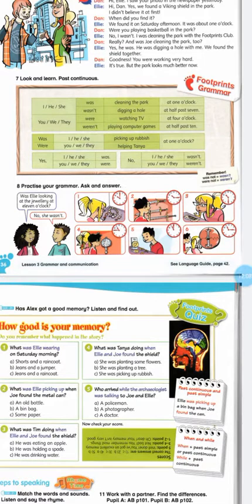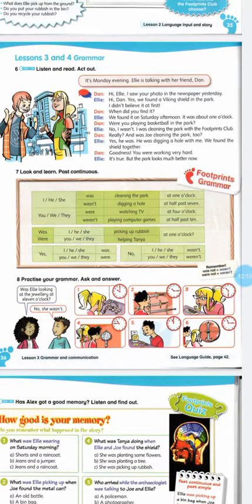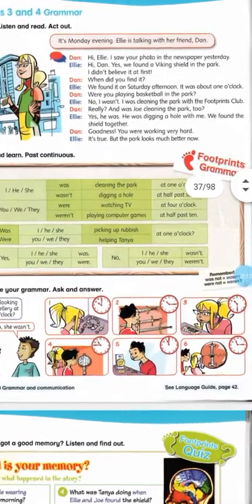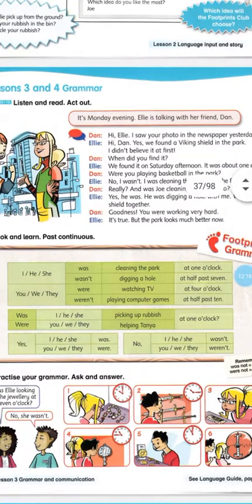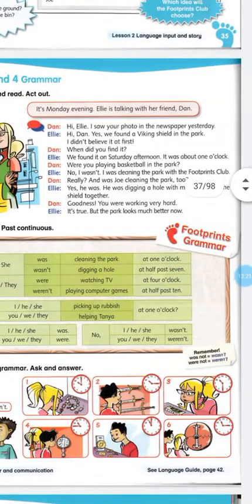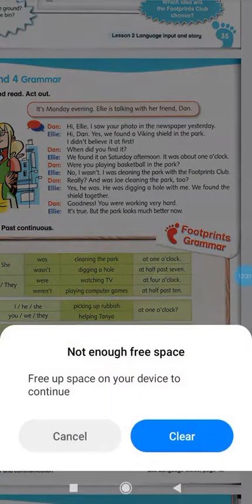Let's read this conversation between Dan and Ellie. It's Monday evening. Ellie is talking with her friend Dan. Dan says, "Hi Ellie, I saw your photo in the newspapers yesterday." As you see here, the verb saw is the irregular past verb form of the verb see.